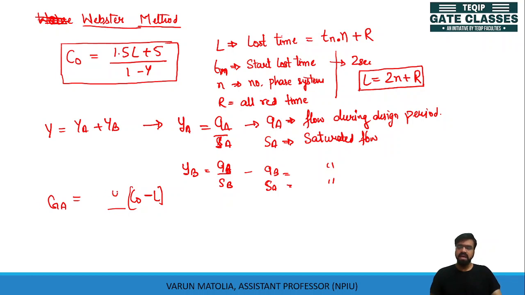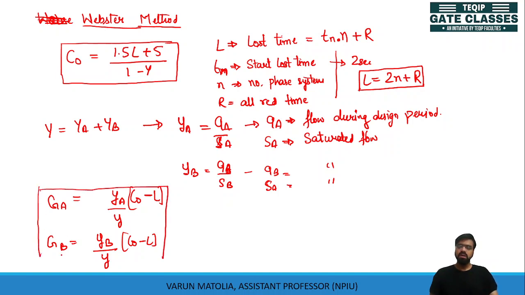The green time for direction A is ya divided by Y, the proportion of vehicles from A out of the total, times this remaining time. Similarly, the green time for B is yb divided by Y times the remaining time. This is the green time for each section. You can calculate amber time from the cycle time itself.